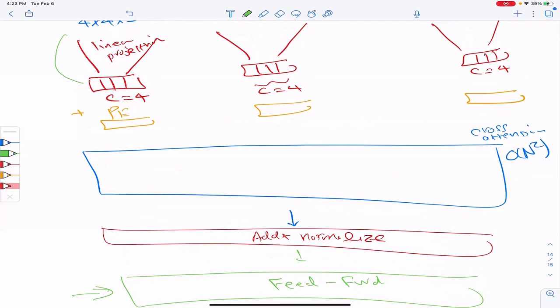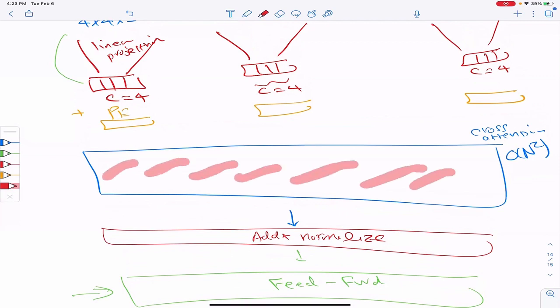So that's good. But again, we have an issue in the cross attention. Cross attention doesn't care about the size of your vectors, because you still need to look at every pair. How can we deal with this? How can we save some computation here?